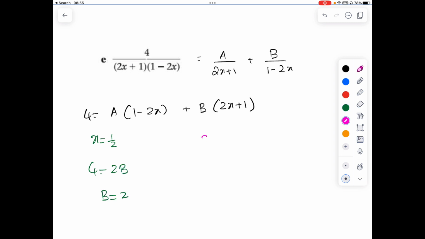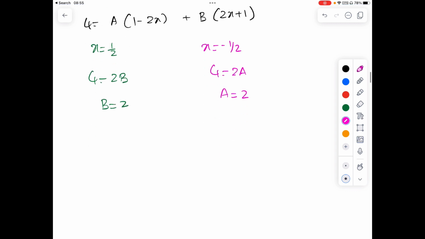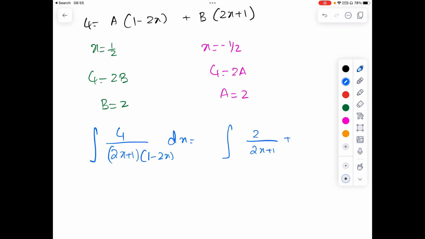And plug in x equals negative 1 upon 2. 4 equals 2A, A equals 2. From there, what do I get? The integral of 4 upon (2x + 1)(1 - 2x) dx equals the integral of 2 upon (2x + 1) plus 2 upon (1 - 2x) dx.